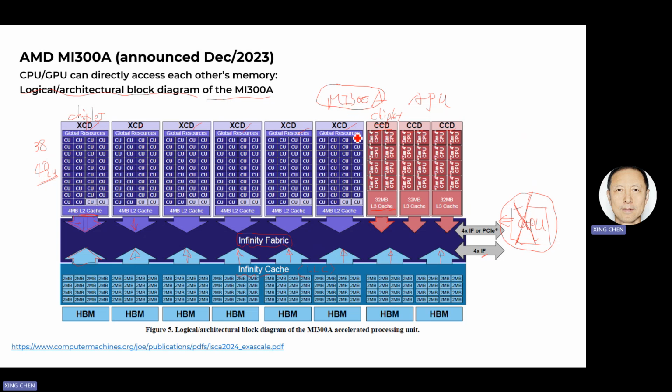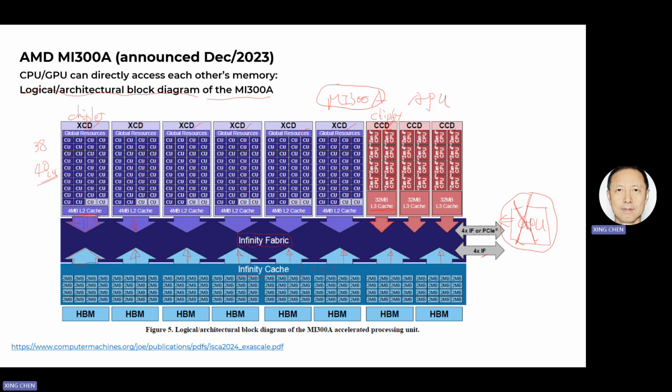The GPU has been put in the center of the MI300 APU. It has the same status as the CCD. So basically, we can understand that the XCD, the GPU, is really a coprocessor to the CCD, because it has the same status as the CCD.